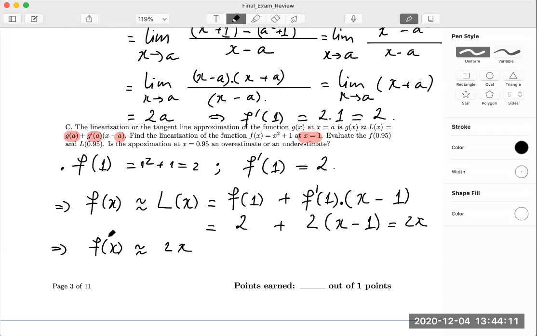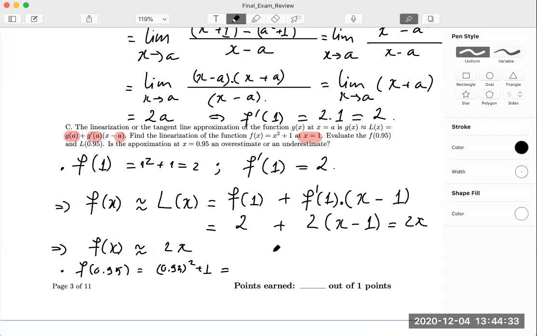Okay? Now, the second part. We need to find f of 0.95. It would be 0.95 squared plus 1. What is it? What do we have here?